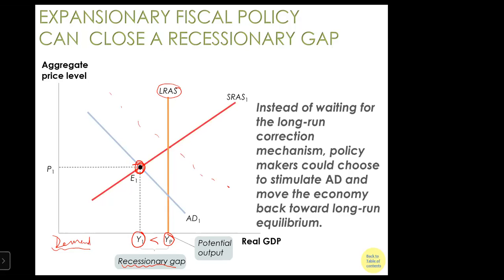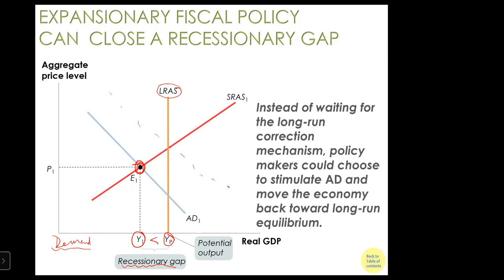Finally, the lower nominal wage in the medium term or long term will help the aggregate supply. So eventually we will restore the long run aggregate equilibrium. But this adjustment process will be lengthy and it can be painful to the economy. So now let's see what the government can do.